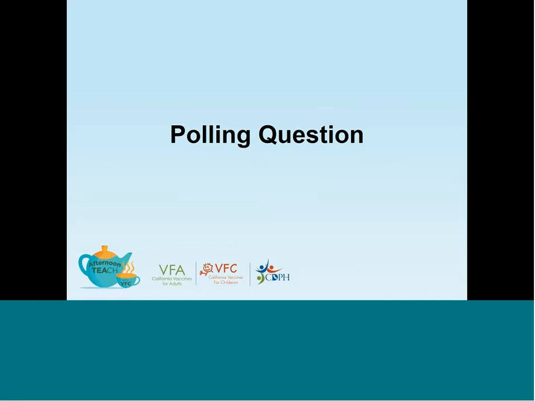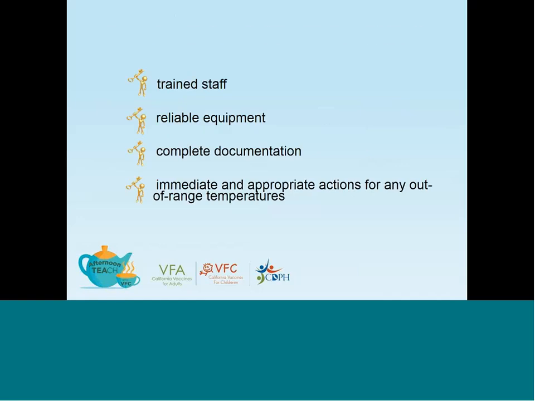Here is our first polling question. Twice daily temperature monitoring helps to prevent loss of expensive vaccines and the potential need for revaccination of patients by identifying out-of-range temperatures quickly and allowing immediate corrective action. Temperature monitoring is dependent on which of these four keys?